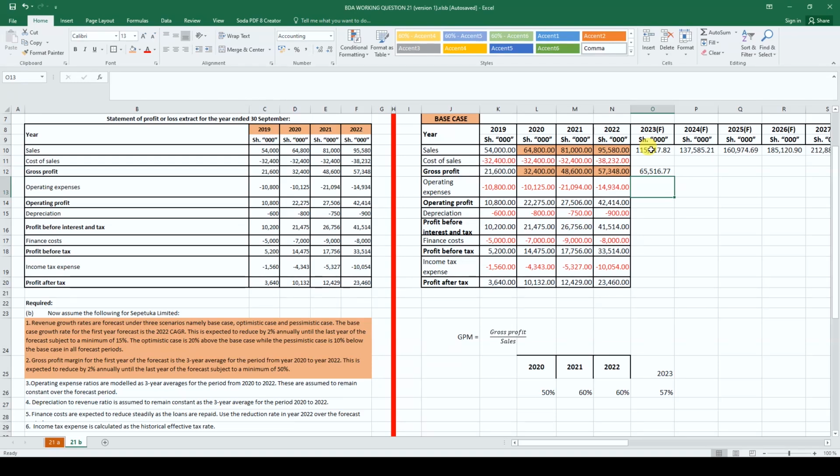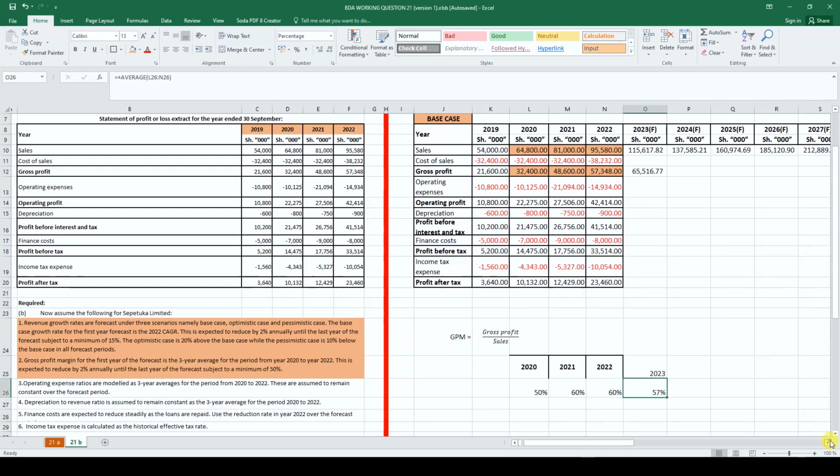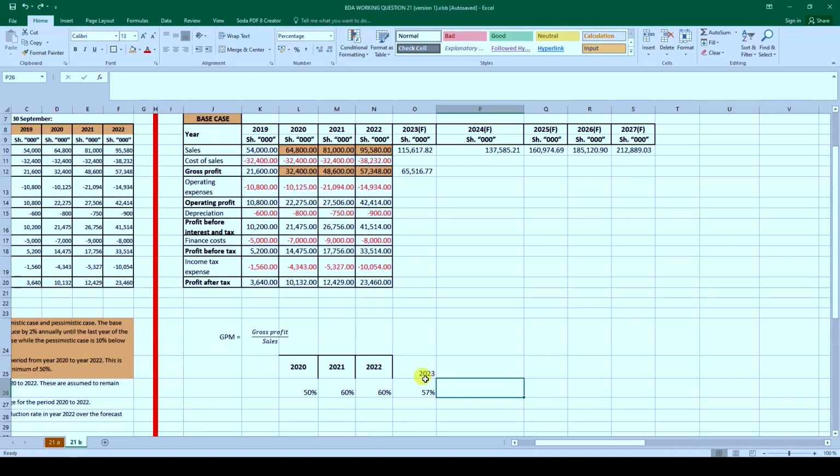What are we told then? This gross profit margin is expected to reduce by 2% annually until the last year forecast, subject to a minimum of 50%. So ladies and gentlemen, for consistency purposes, we ensure that the format is the same up to 2027 right there.